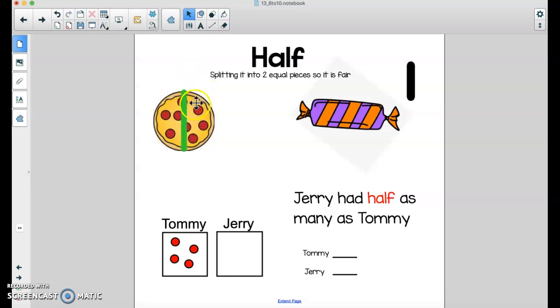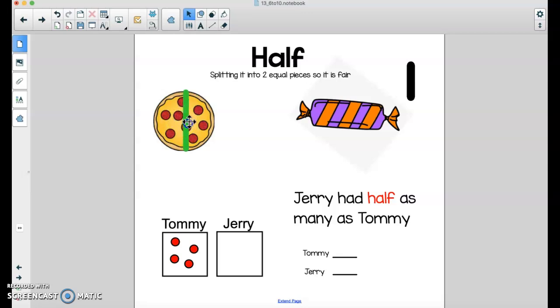So she gets 1/2 and I get 1/2. It wouldn't be fair if McKenna cut the pizza right here, because guess which piece she would take? Yeah, she would probably take this huge one, and that's not fair. So we need to make sure that it's right down the middle so that it's fair.